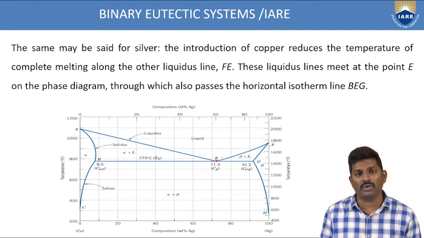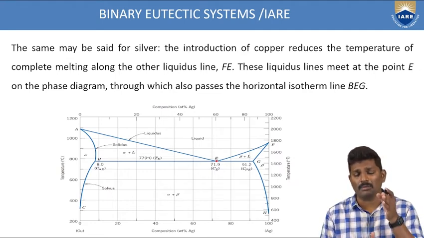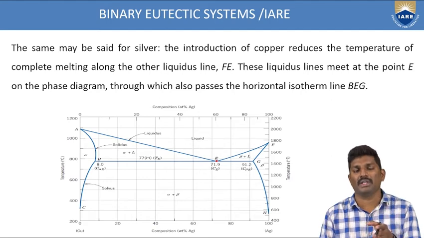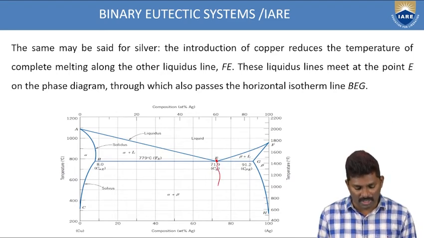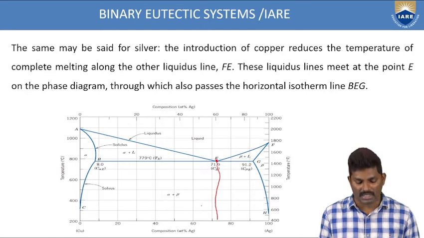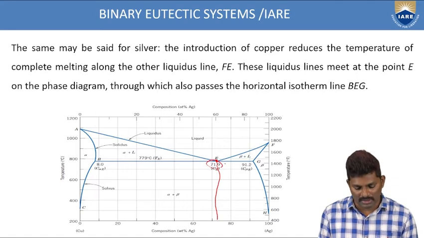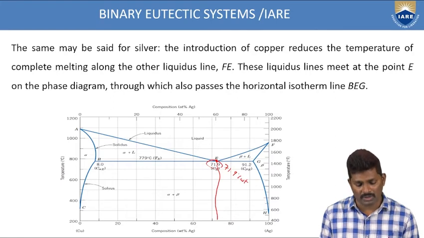If you want to know the compositions at that point, at what composition you are getting the reduction in the melting temperature, you have to take note of this connection point and drop a perpendicular on the composition line. So you are getting 71.9% of copper by weight, and the remaining should be 28.1% of silver.